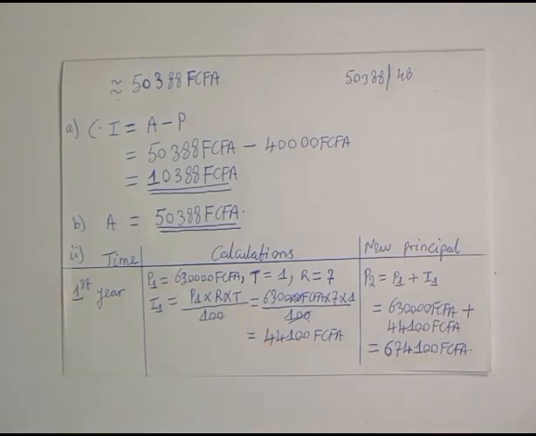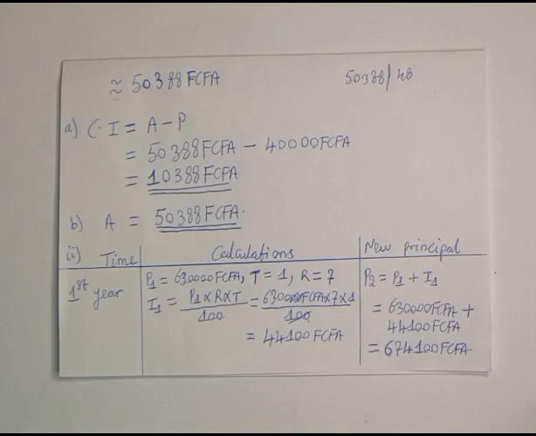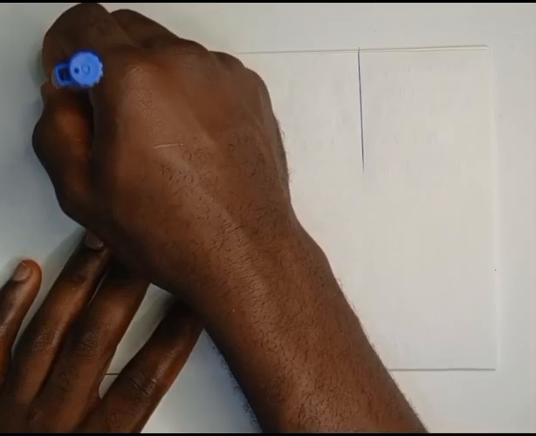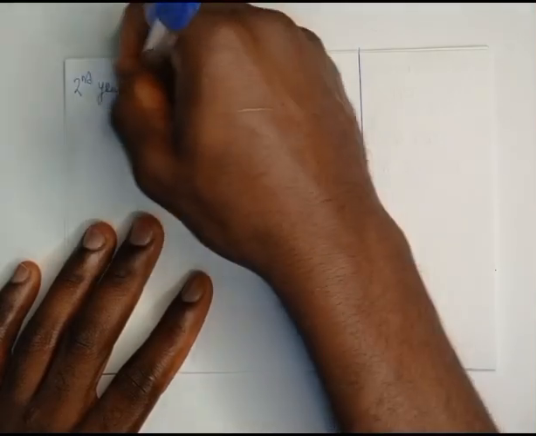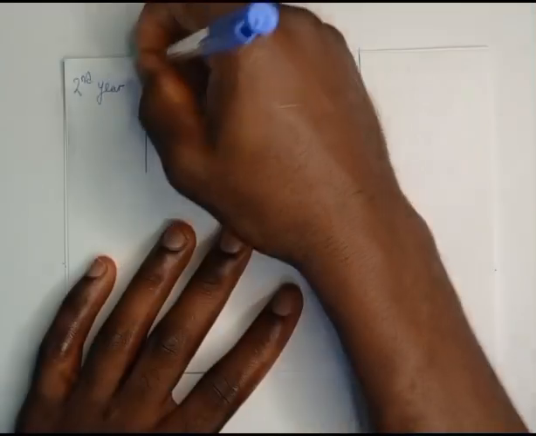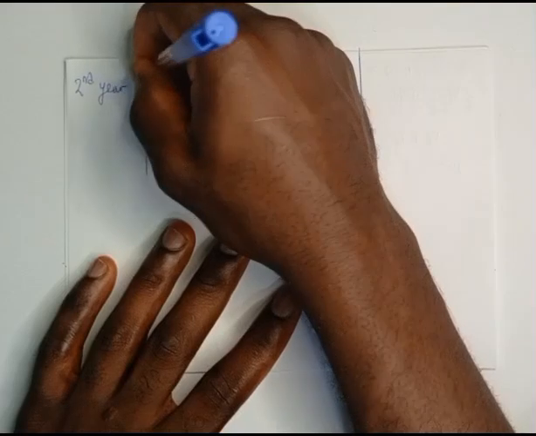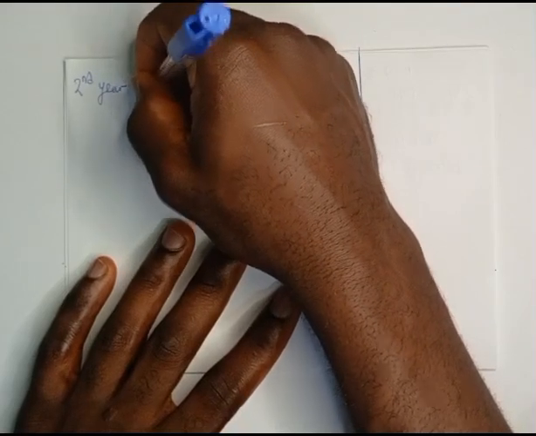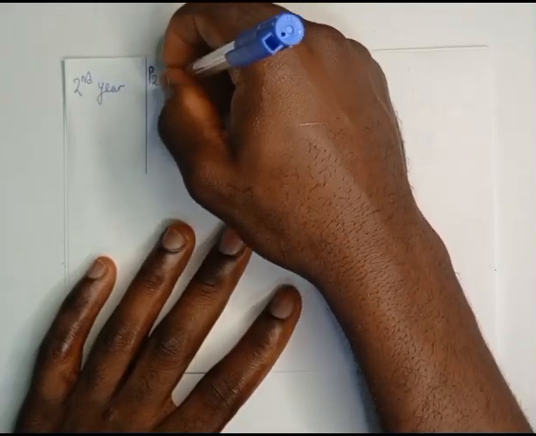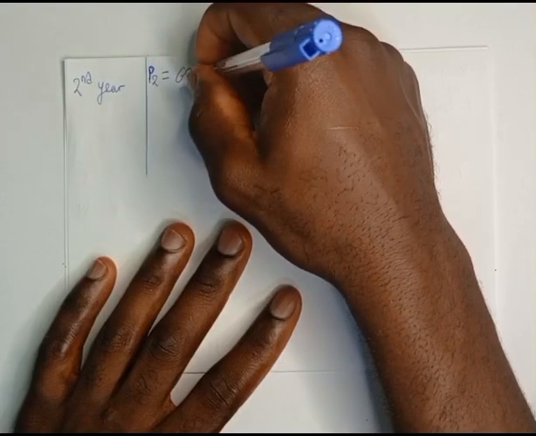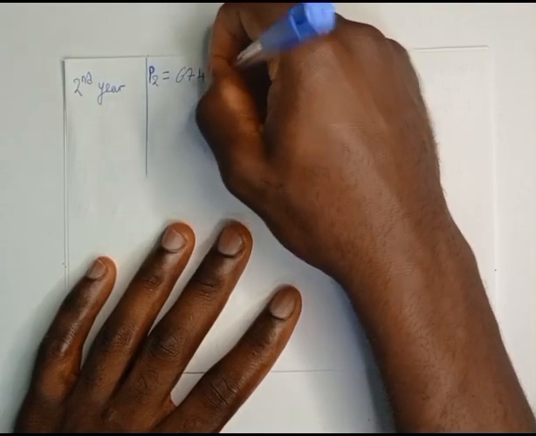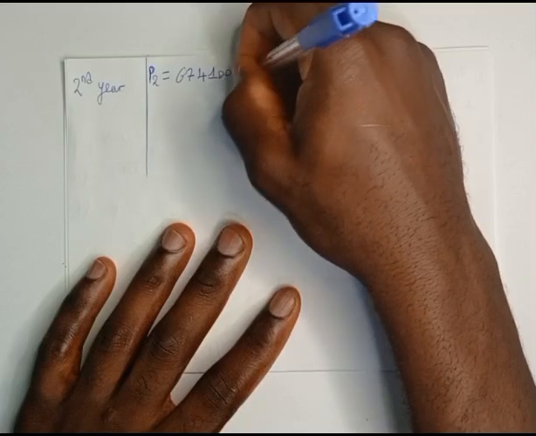So this is the new principal for the second year of the investment. We go now to the second year. The second year, our principal is P2, which is equal to 674,100 francs CFA.